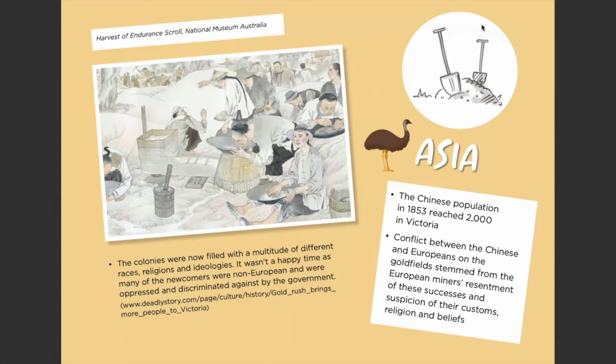The artwork here shows an Asian style, which is more subtle and shows the great community between the diggers. There was conflict between the Chinese and the Europeans, and this probably stemmed from different values, different religion, and different ways of doing things, as well as jealousy and greed.